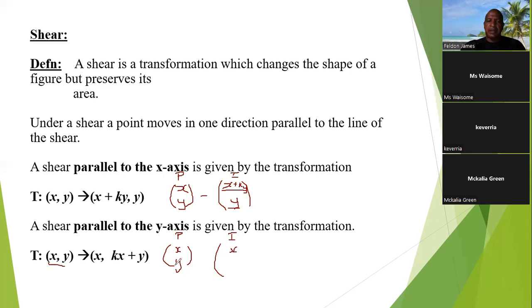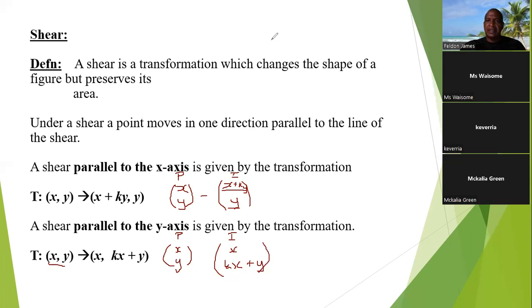But the mapping would affect the image of the y coordinate because it is parallel to the y-axis. How does it affect y? You multiply x by some k value, so you have k times x, and then you add that to y. That's how you get the image of y.